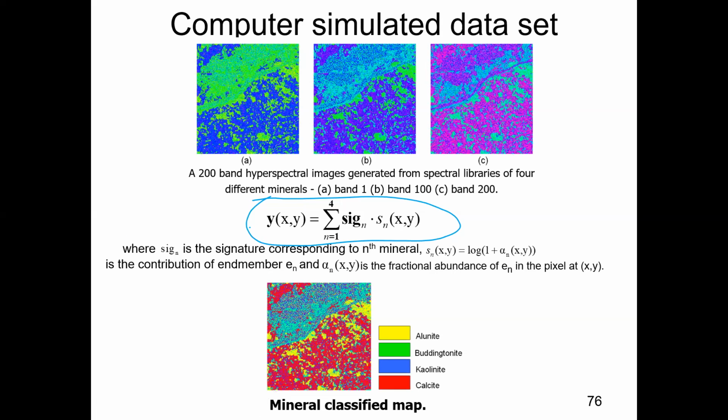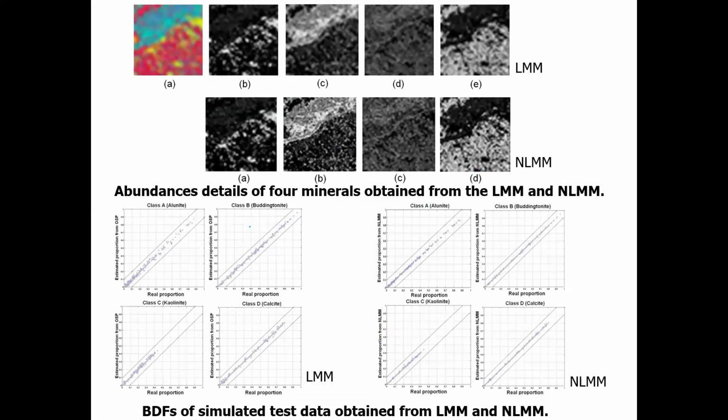In the bottom figure, we have a hard classified map generated from a machine learning algorithm. On the top, we have an output considering the linear mixture model case, and at the bottom, we have output from the non-linear mixture model, that is through the neural network.